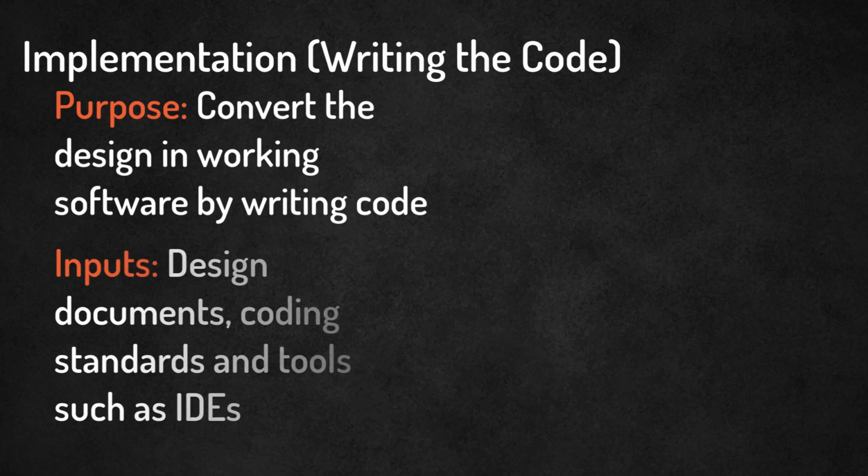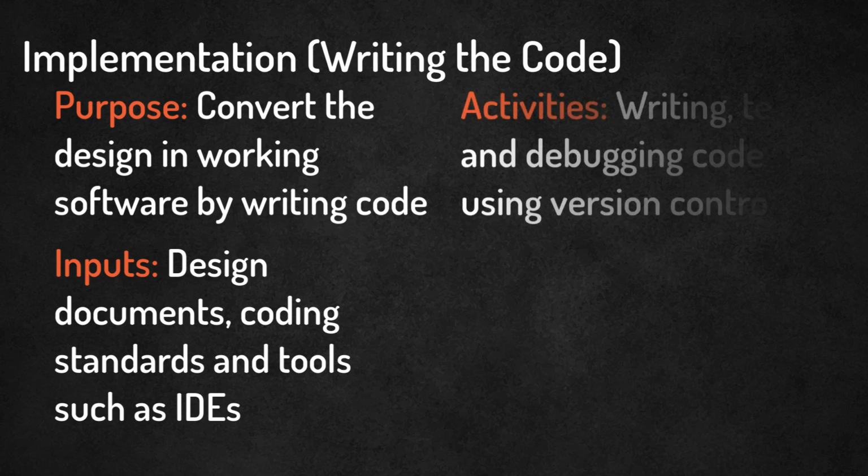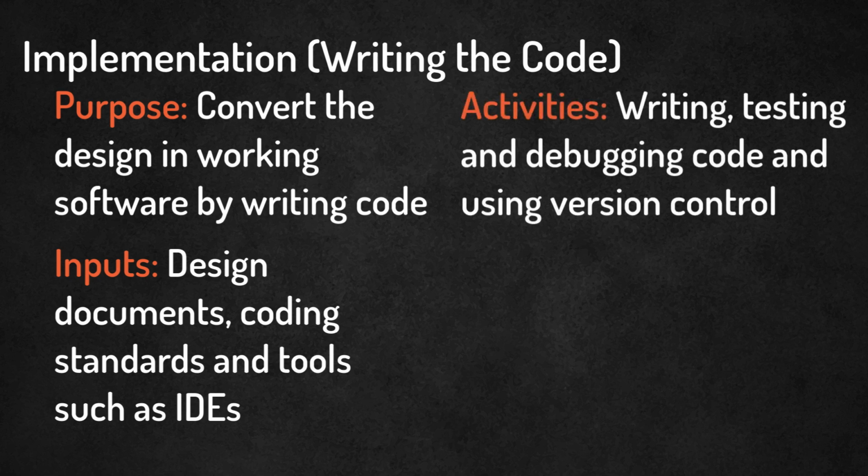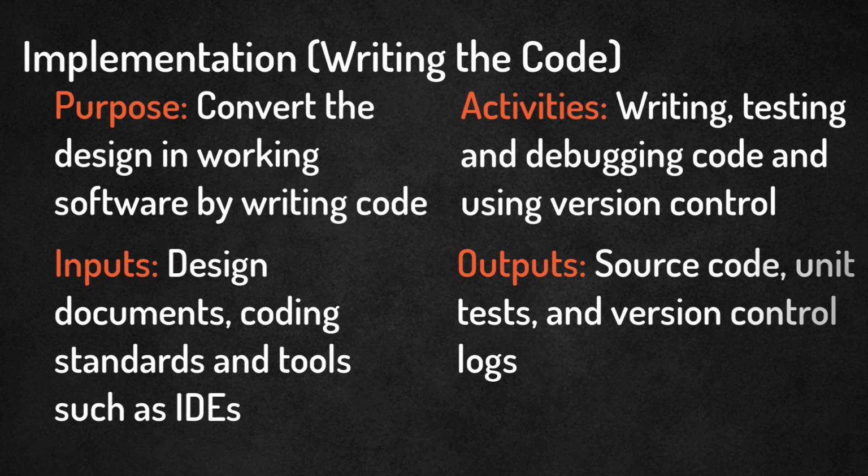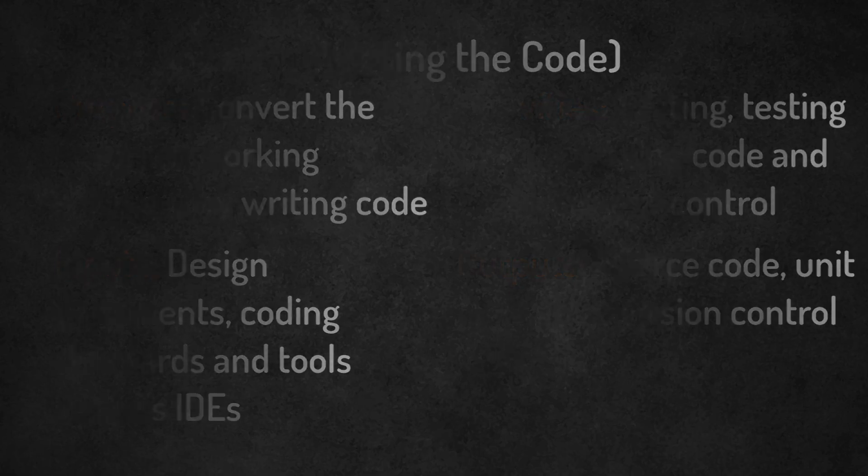The inputs are going to be our design documents, our coding standards, and of course our coding tools like IDEs. The activities are going to be, of course, writing our code, unit testing, debugging, and implementing version control. The output, of course, is going to be our glorious source code, unit test files, and version control logs.